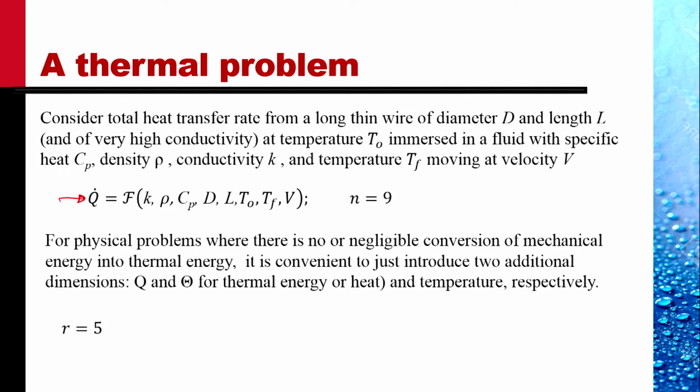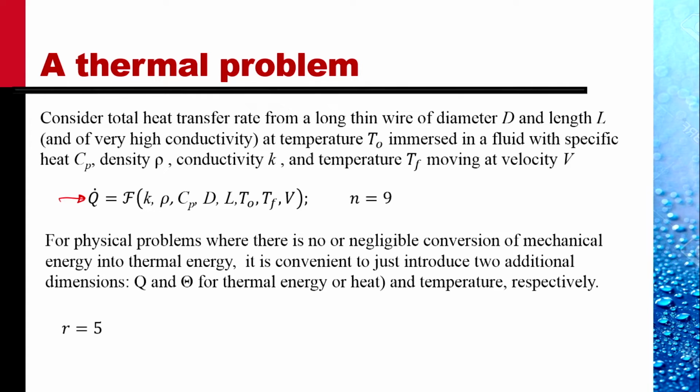For a physical problem where there is no or negligible conversion of mechanical energy into thermal energy, it is convenient to just introduce 2 additional dimensions besides M, L, and T. The dimensions are Q for heat energy and theta for temperature.